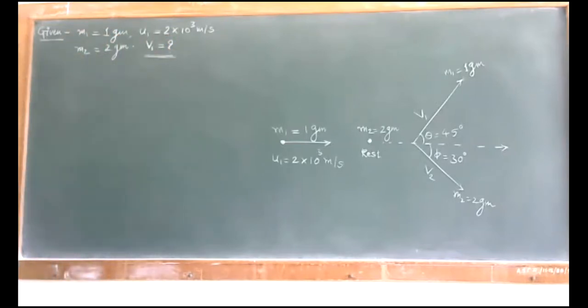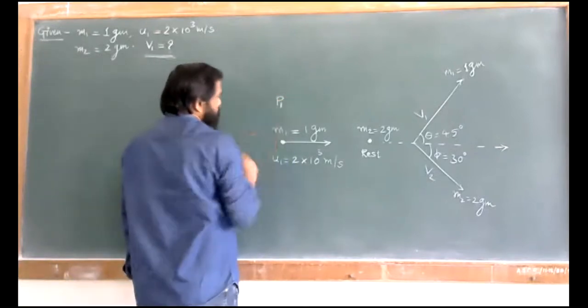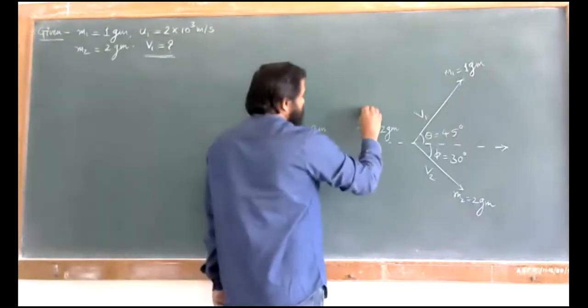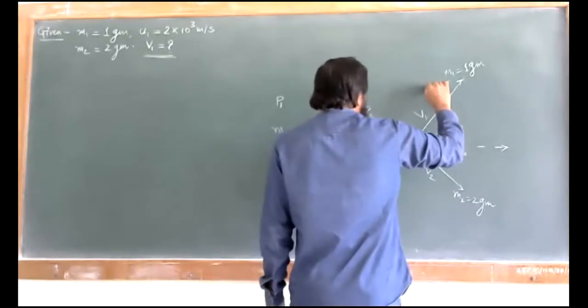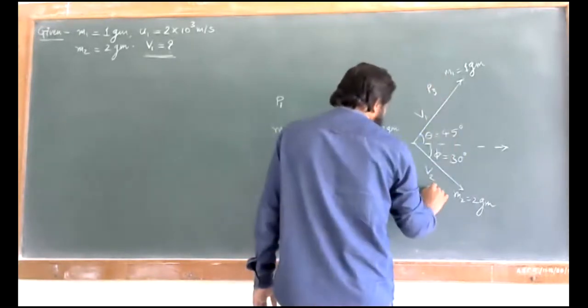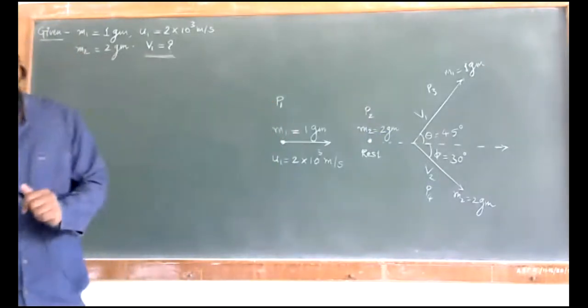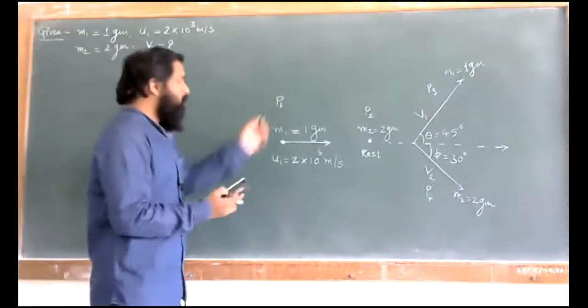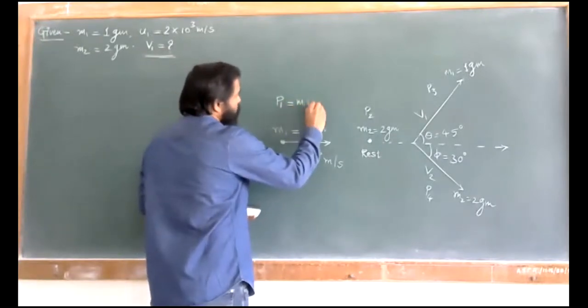We have to find the value of v1, and for that we have to use the laws of conservation of momentum. Let us say these are the momenta p1, p2, p3. The first particle has momentum p1, which is equal to m1 into u1.